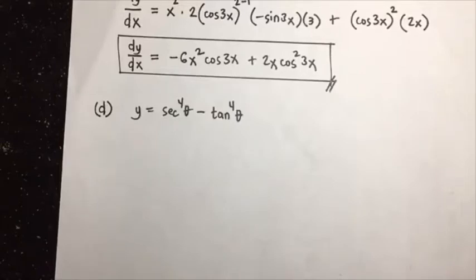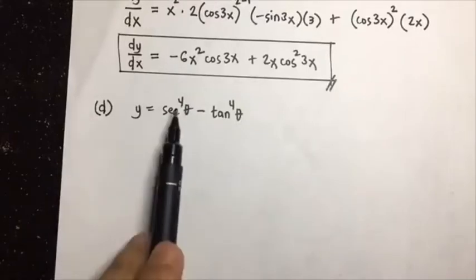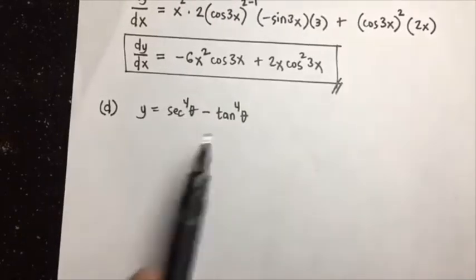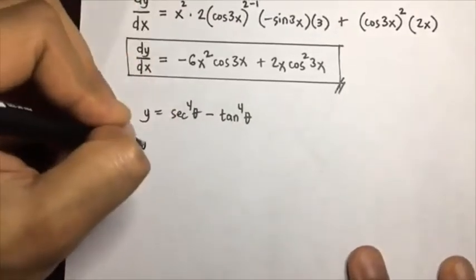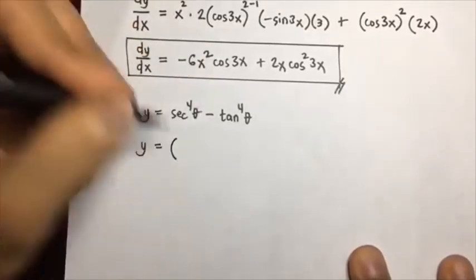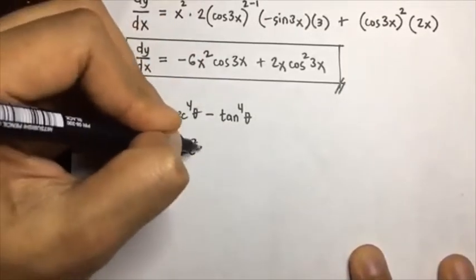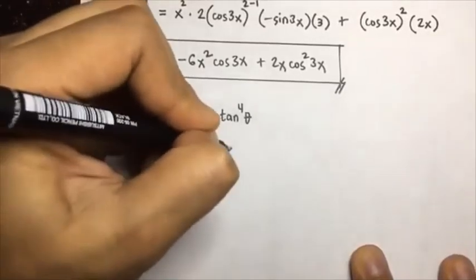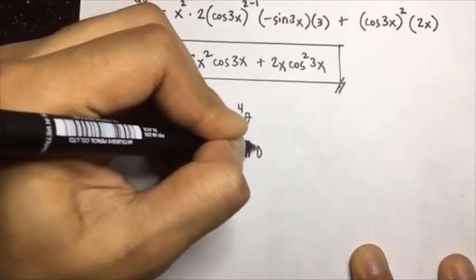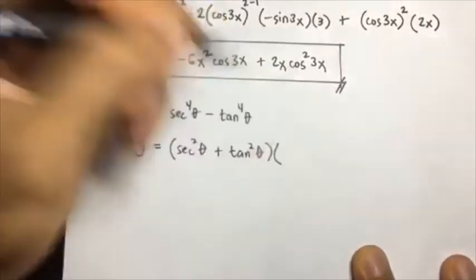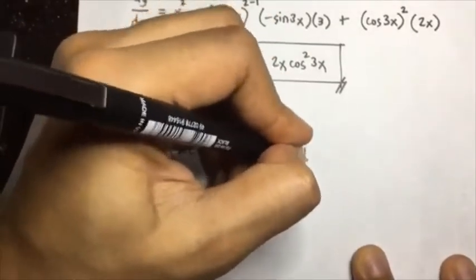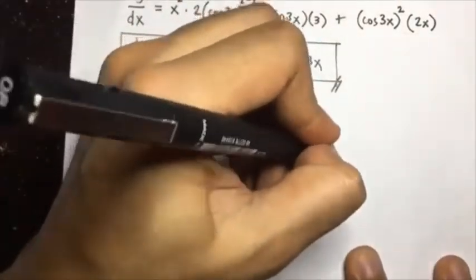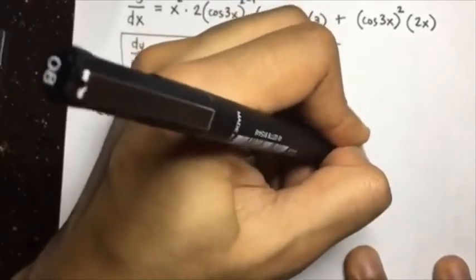As you can see, we have here a difference of two squares. If we factor that out, this will become y is equal to secant squared theta plus tangent squared theta multiplied by secant squared theta minus tangent squared theta.